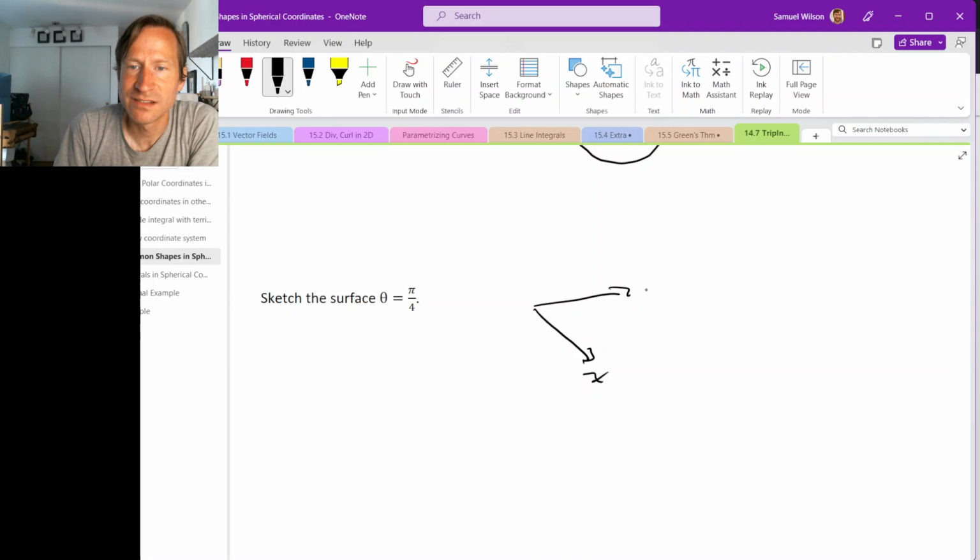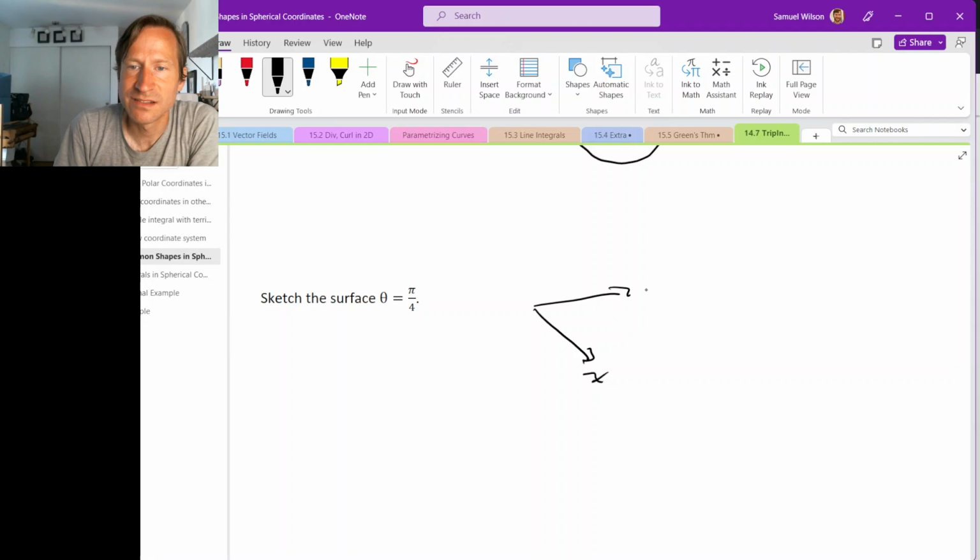But remember, if you go up and down, all of those points directly above and below this line segment will also have the same theta value, because theta is always measuring the horizontal angle between the positive x direction and your point. So all of these points will have theta equal to pi over 4.